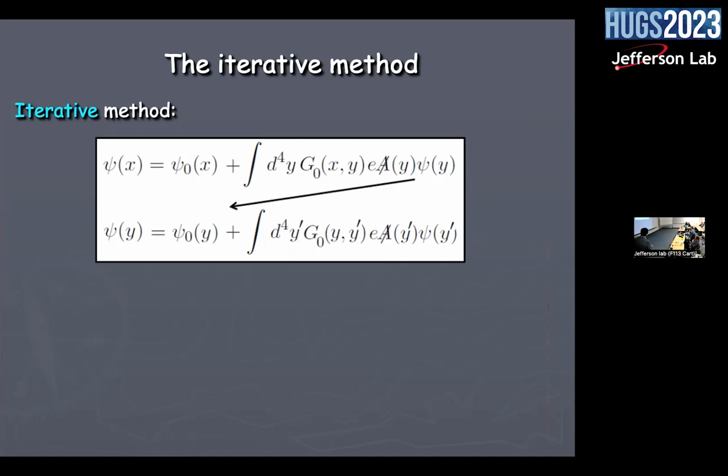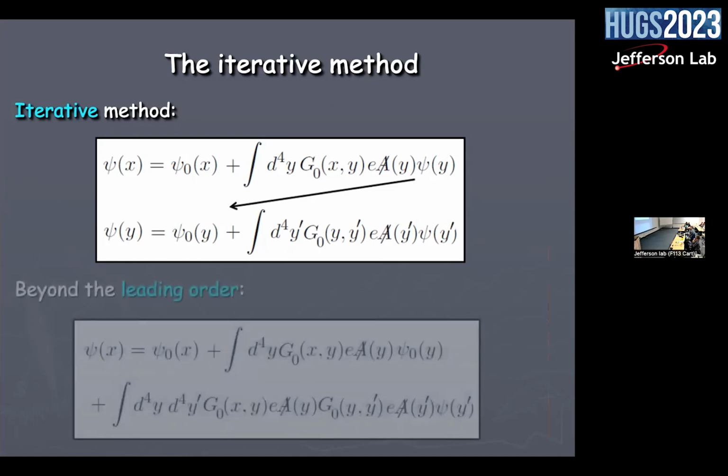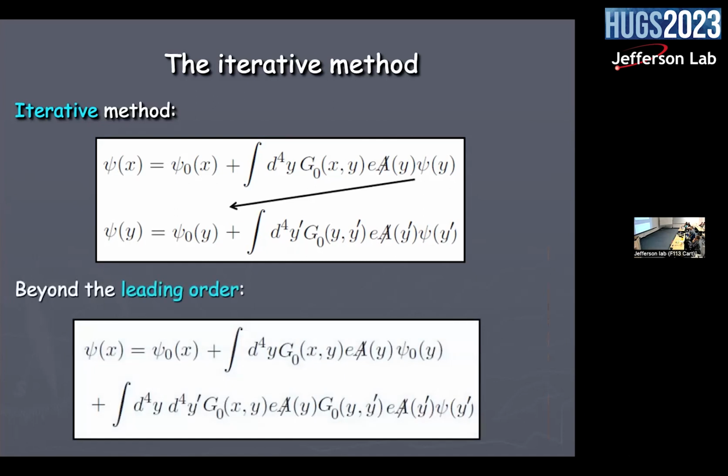I can substitute here, but it's like postponing the problem to the next step by doing this iterative procedure. So it is this plus this plus this. Now what is really happening? It is doing the perturbation theory which we had seen before: each time you do this iteration, you have more and more powers of charge coming in at the next step.